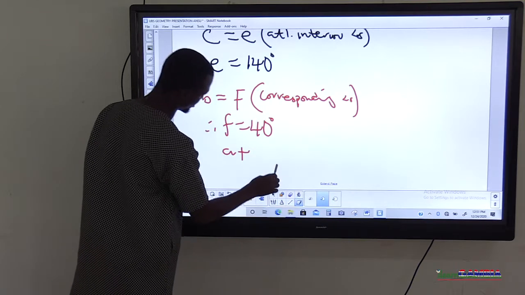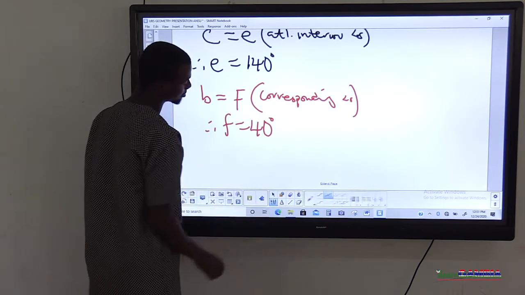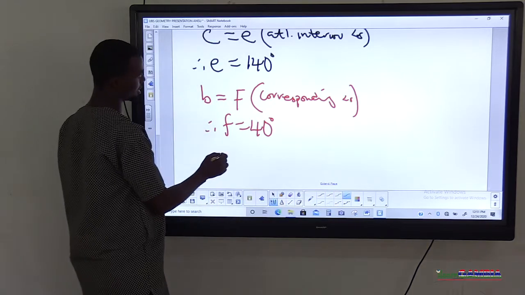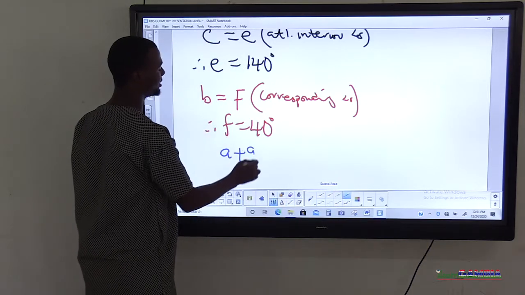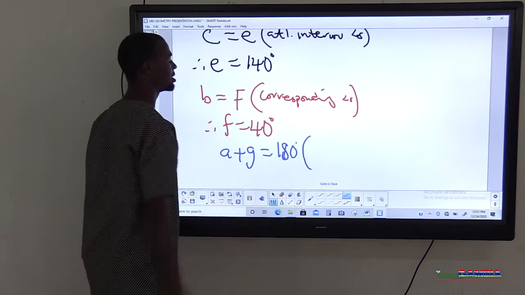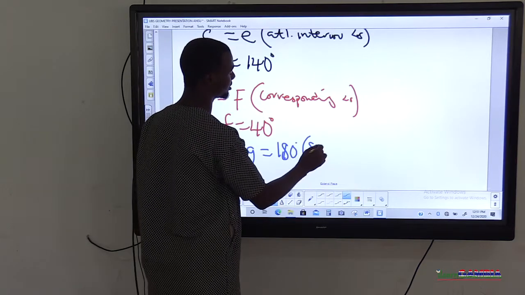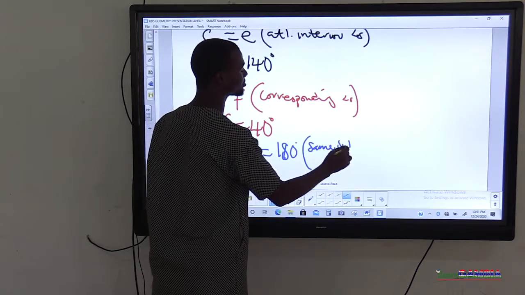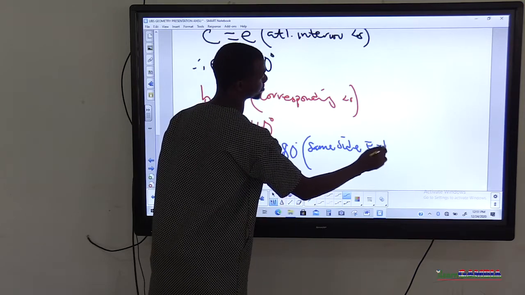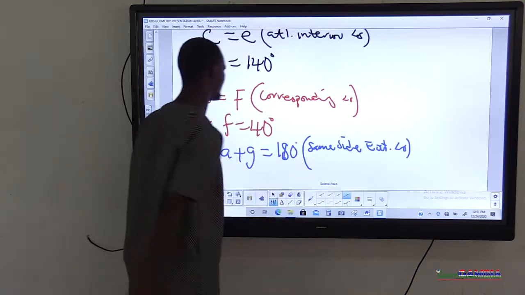Let me change the color. Same side exterior angles, that is A plus G, is equal to 180 degrees. Reason: same side exterior angles.